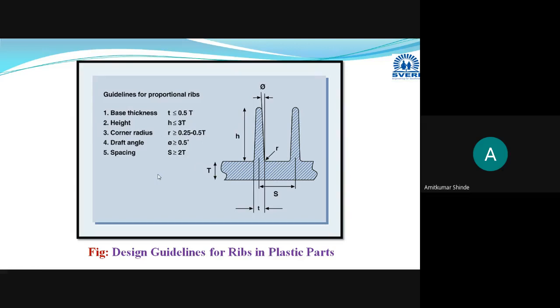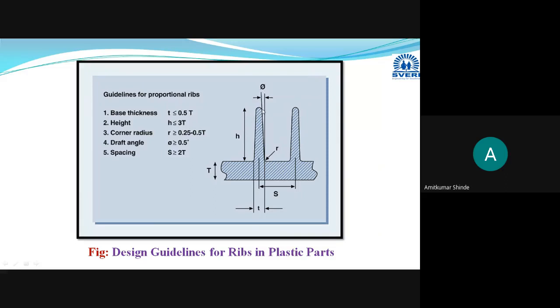For easy removal of the molded parts, and for smoothness of the flow, it should have some taper. Here a draft angle from half a degree to 3 or 4 degrees is provided. This angle is indicated by phi.